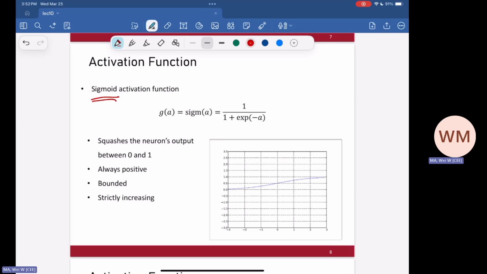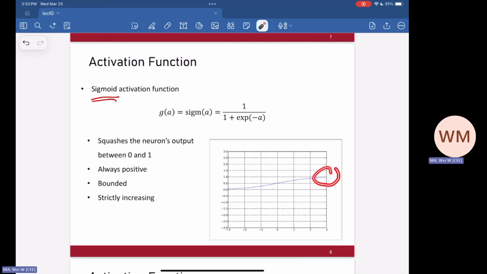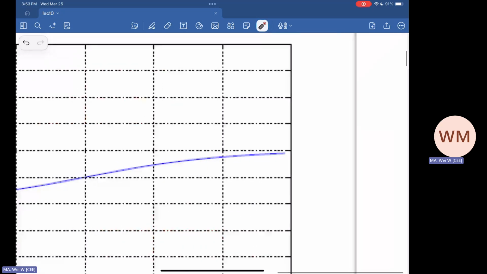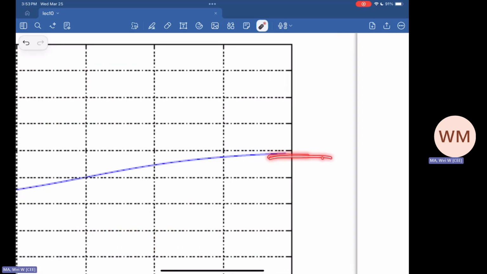There is a very tricky issue: the input can be any number from negative infinity to positive infinity, but if you look at this area, it is almost a flat line.